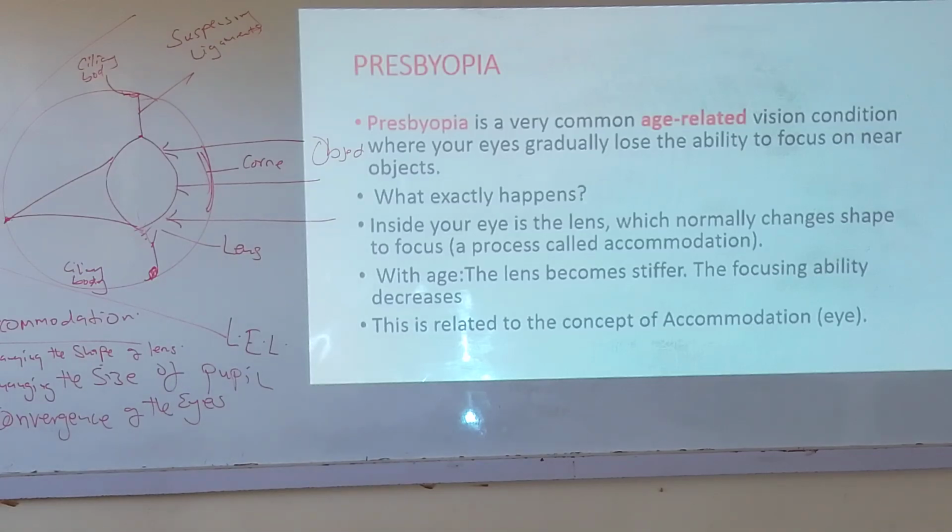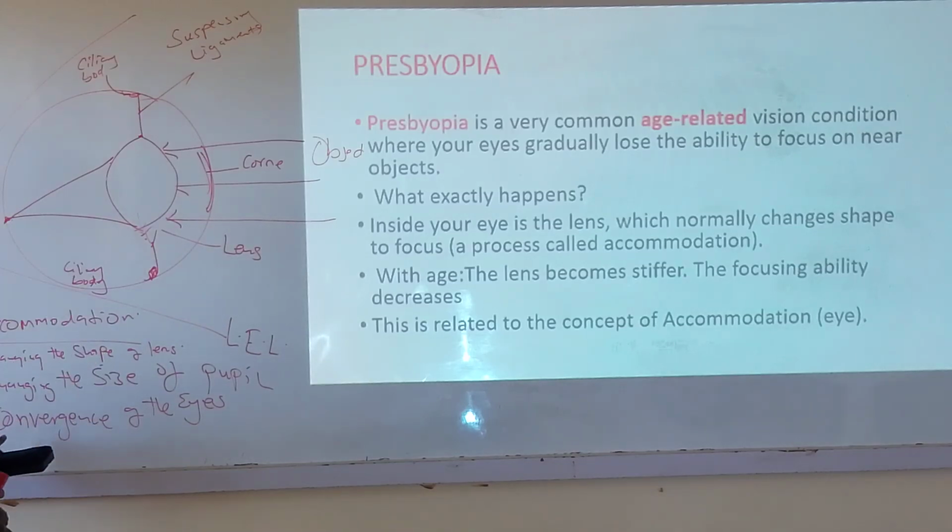So what it means is that when an object moves closer, the lens shape is supposed to change. At the same time, your pupil, the size will become smaller. And then number three, the eyes are supposed to converge.